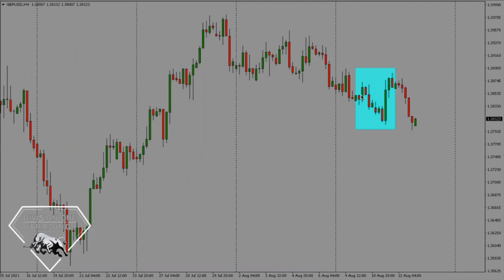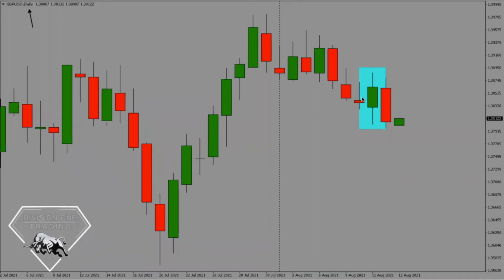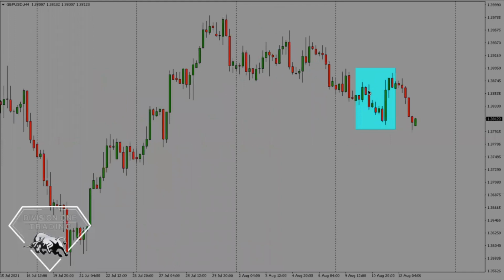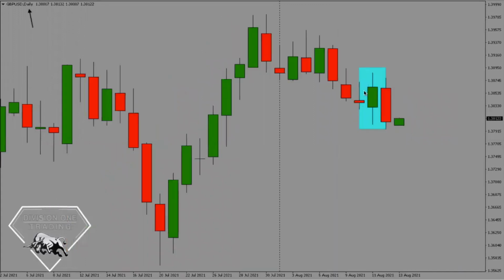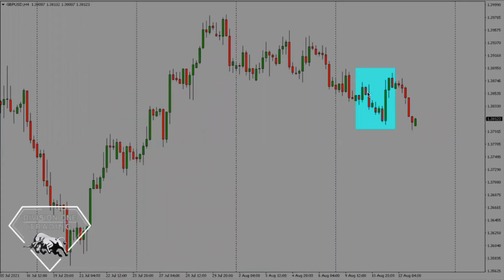Now you can see we did have this kind of movement, where it's just an open, low, high, and then close. And then here you can see it's more of an open, low, high, close. It's the same thing, just within different time frames.